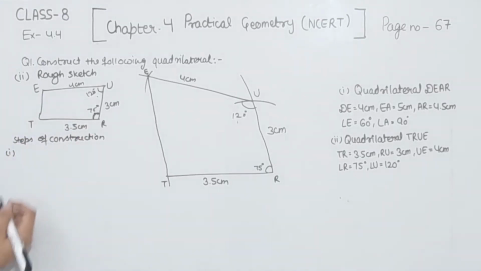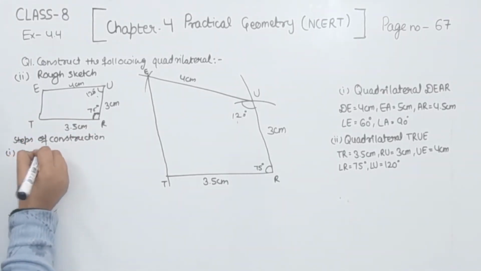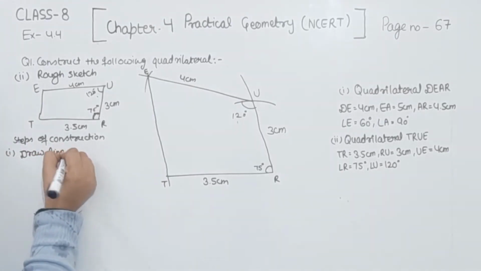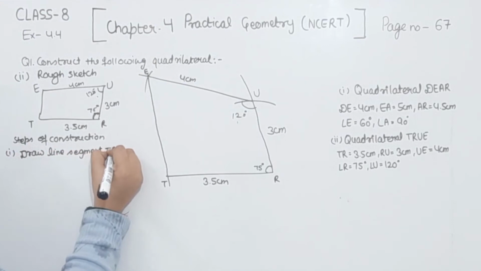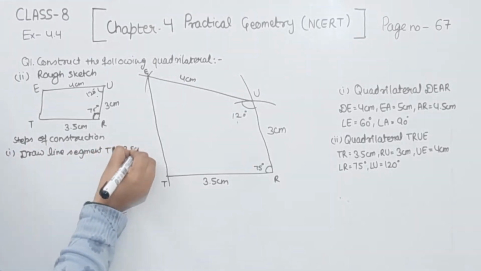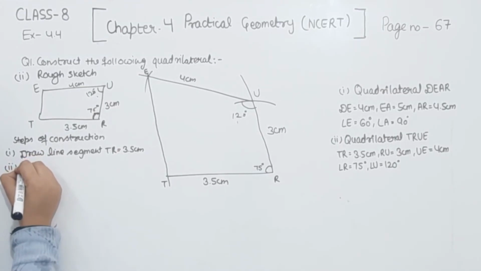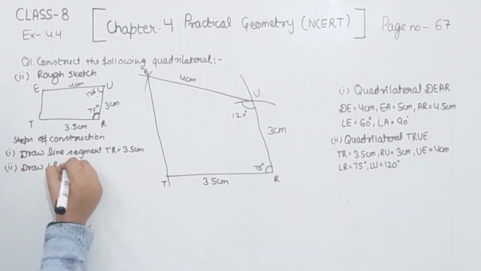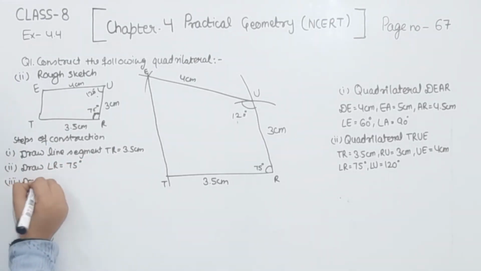The first one we are having, we have to draw line segment TR is equal to the 3.5 centimeter. Now we are going to draw angle R is equal to the 75 degree. Now we are going to draw the arc.